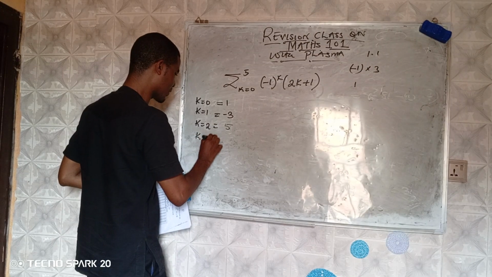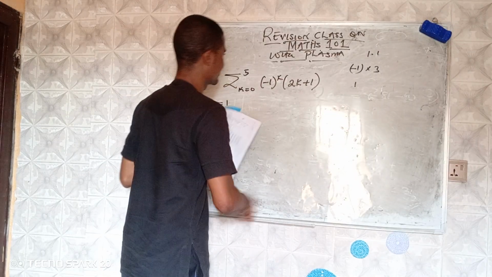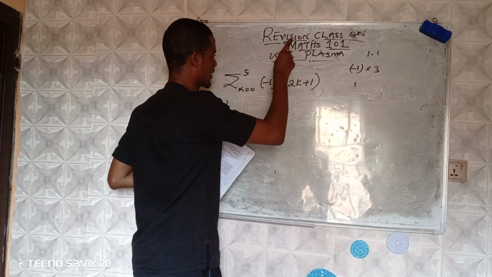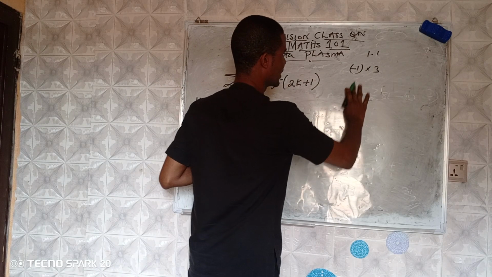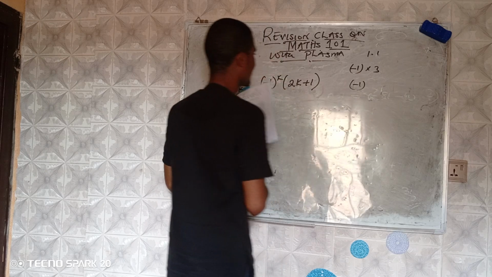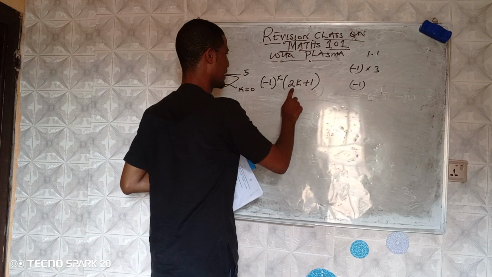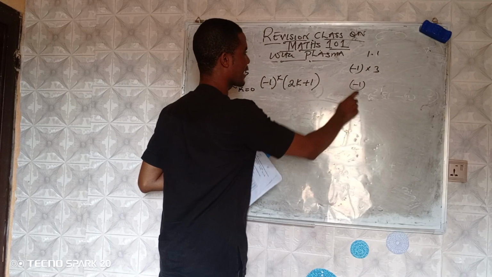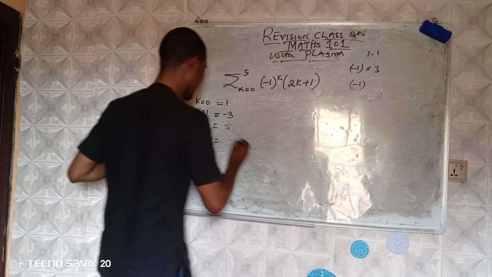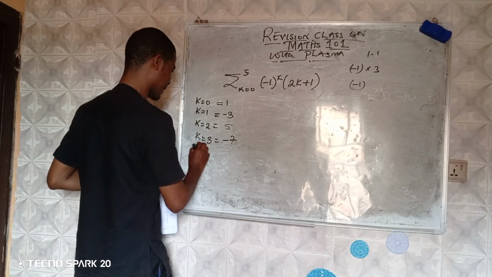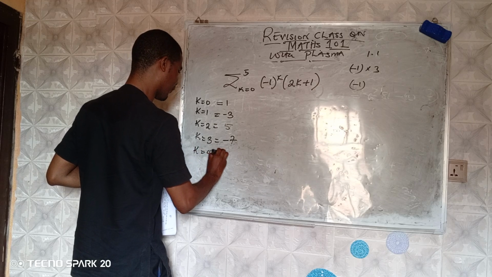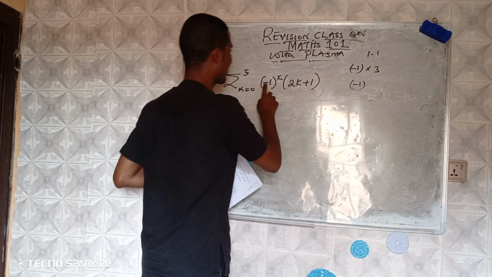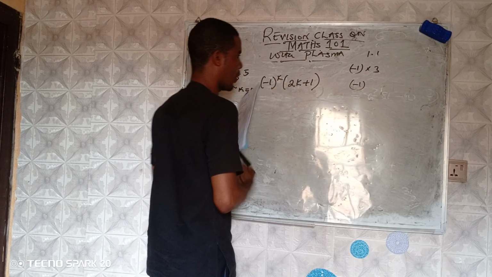When k is equals to 3, watch it. (-1) raised to power 3 is minus 1. Then 2 times 3 is 6, 6 plus 1 is 7, 7 times minus 1 is minus 7. It's minus 7. When k is equals to 4, minus 1 raised to power 4 is 1.